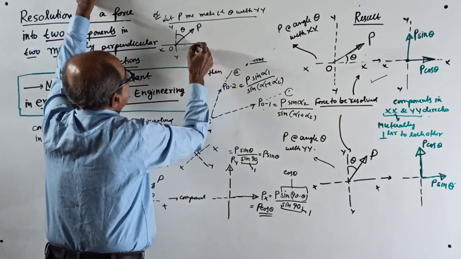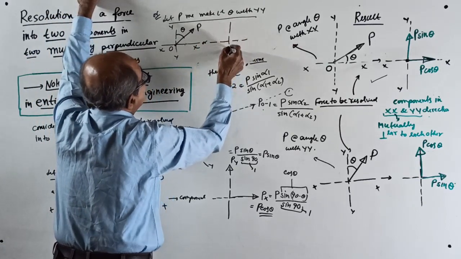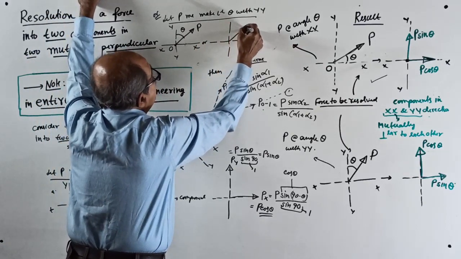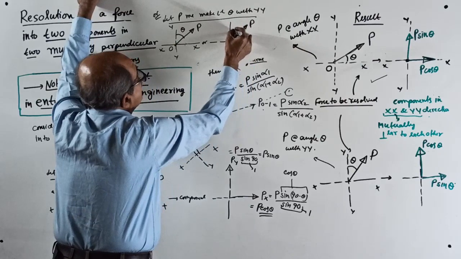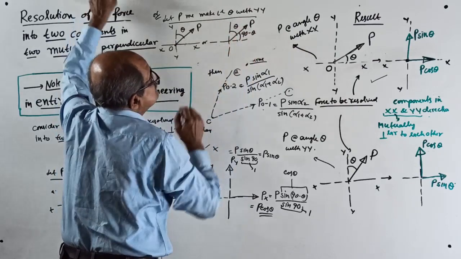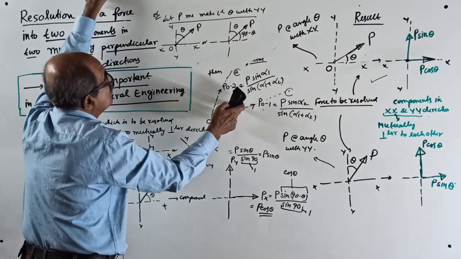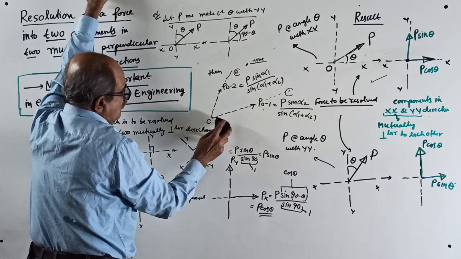In that case, you can write the same sketch once again as force P, this is theta, which means this is 90 minus theta. Now I want some space here. This I will remove, because this is known to you. How many times do I have to tell?